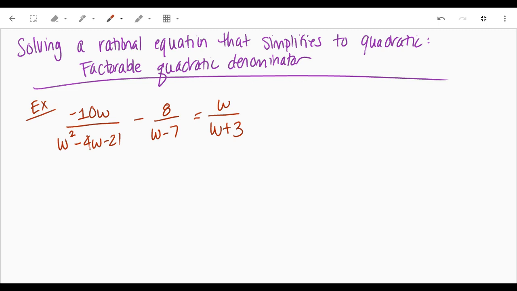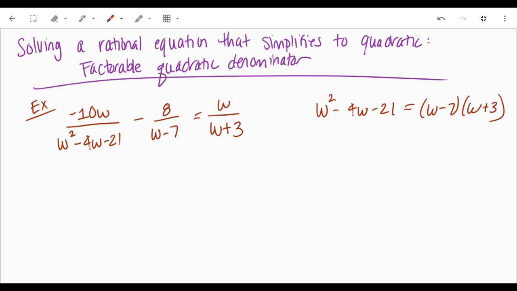Okay, so it looks really messy, but what's usually going to happen here is that the quadratic denominator can be factored, and the other two denominators are its factors. So what you're usually going to see in a problem like this is that w squared minus 4w minus 21 is w minus 7 times w plus 3. Okay, and it is.